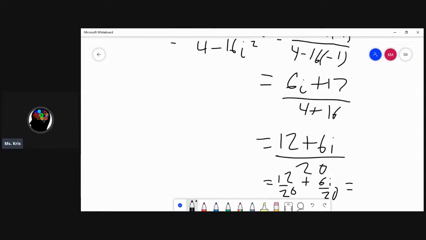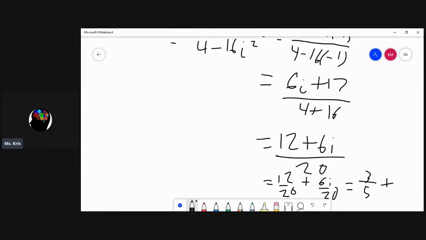If you do it like that, simplifying your fraction, 12 over 20 becomes 3 over 5, because 12 divided by 4 is 3, and 20 divided by 4 is 5.